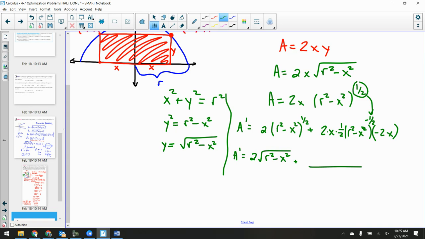This to the negative 1/2 power. And look here, this 2 and this 1/2 is going to cancel out. So it's going to be r squared minus x squared in the denominator and the square root of that thing. And then in the numerator, negative 2x squared. Because I've got an x and a negative 2 still left over. So negative 2x squared.